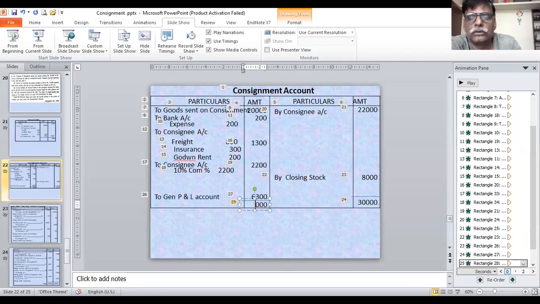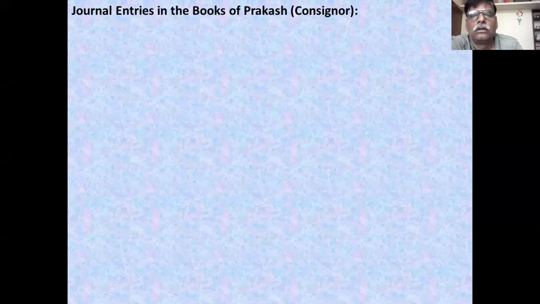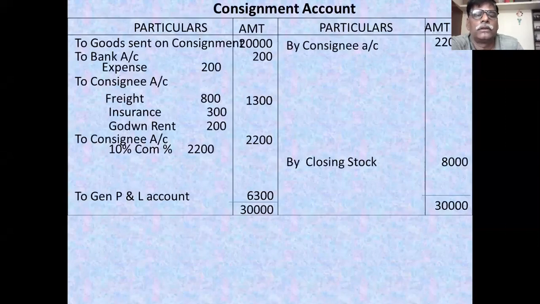Total is 30,000. Then the difference is 6,300. This 6,300 is called net profit, goes to general P&L account. Okay. This is the account format.